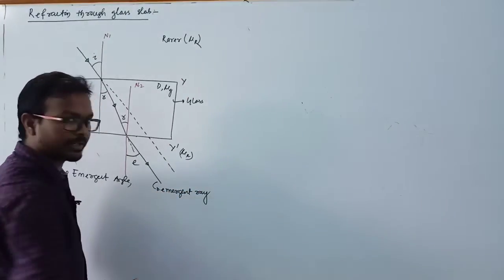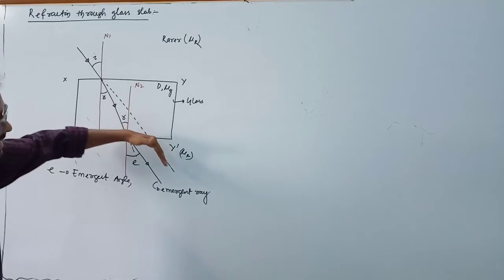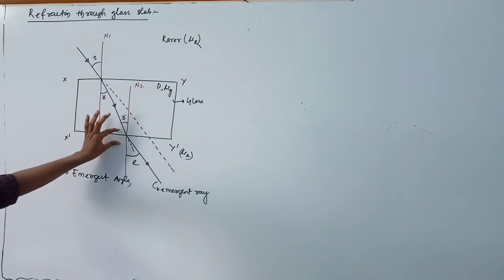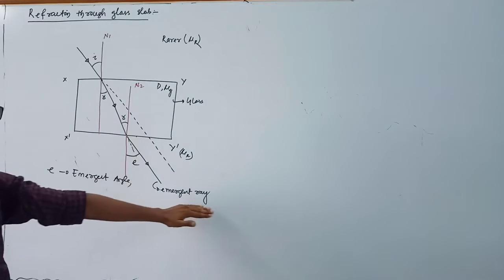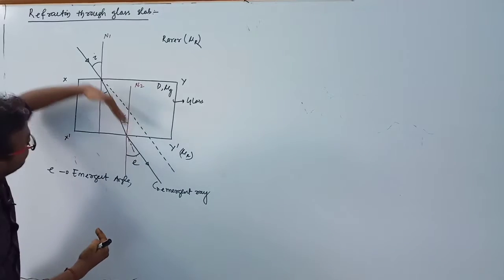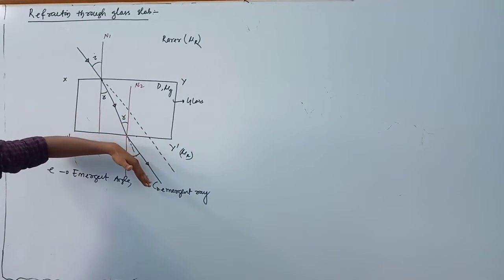Emergent ray. Clear? Okay. This is the line of action of the incident ray. When this incident ray undergoes different refractions through this glass slab and comes out as the emergent ray, these two rays are parallel. That means this is the line of action of the first ray and this is the emergent ray.